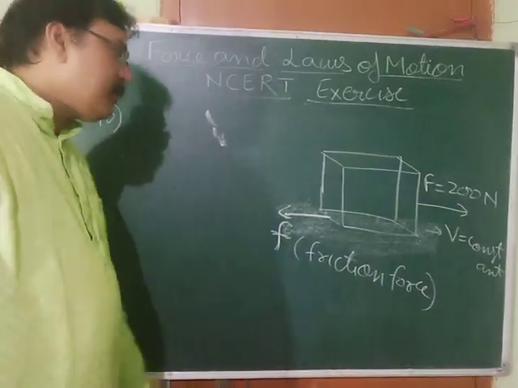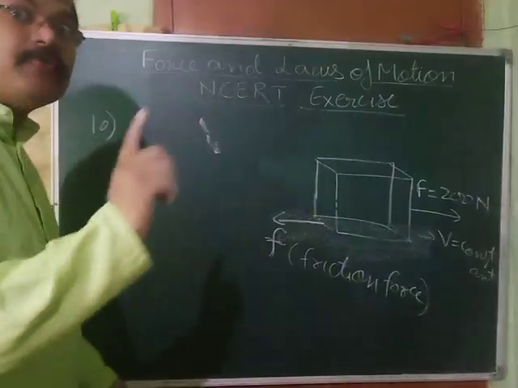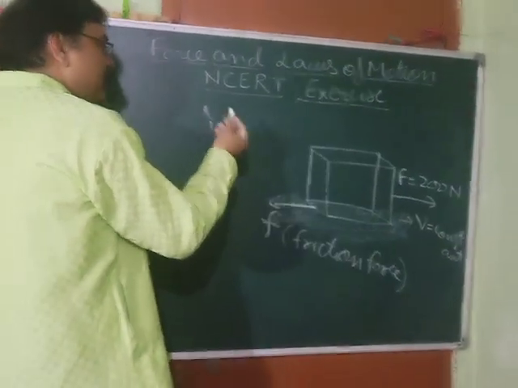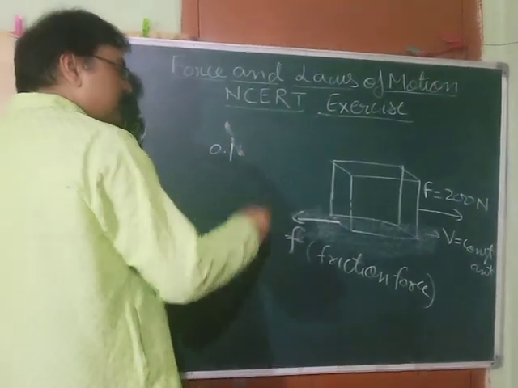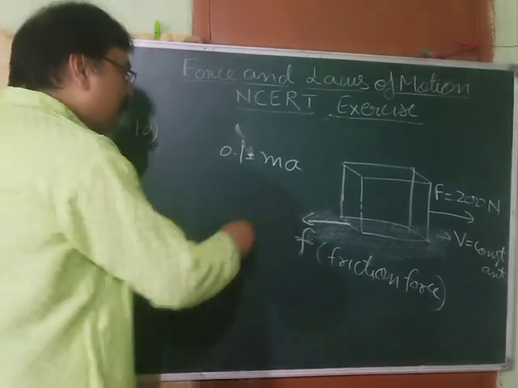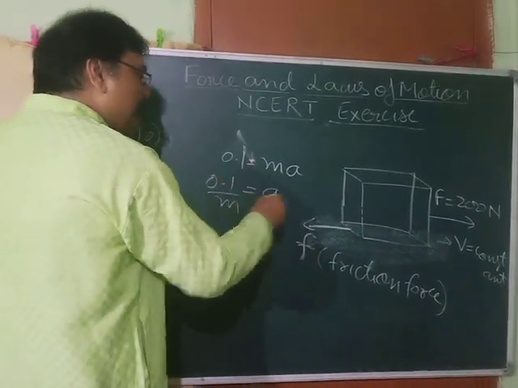See my dear children, suppose any net force, any unbalanced force, is acting on this cabinet. Even if you take 0.1 Newton, then you can write F equals m into a, and you will get the acceleration as 0.1 upon whatever is the mass of that cabinet.